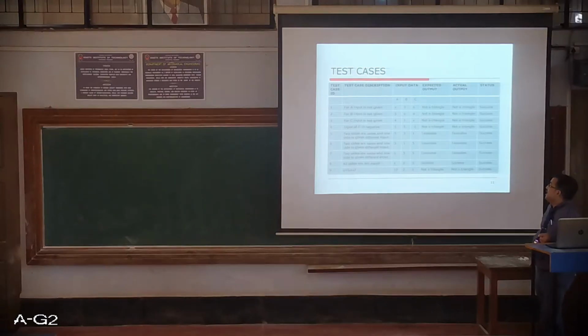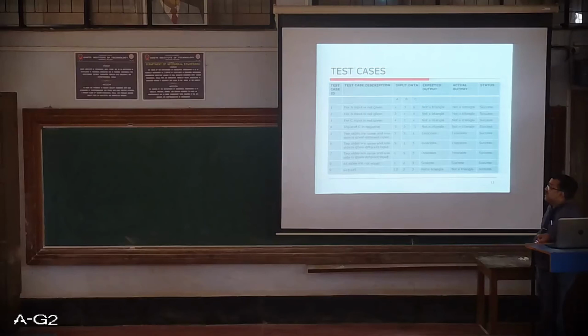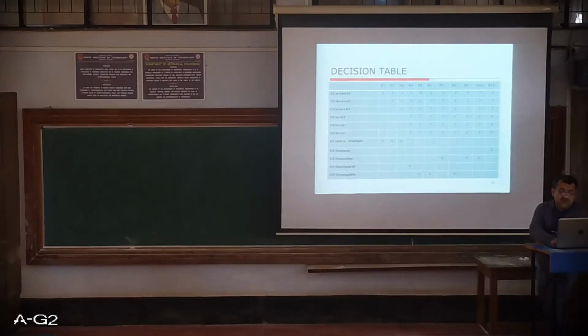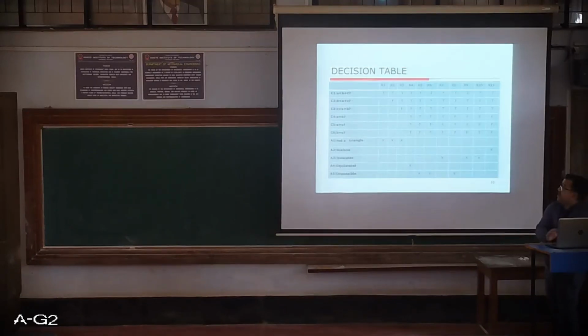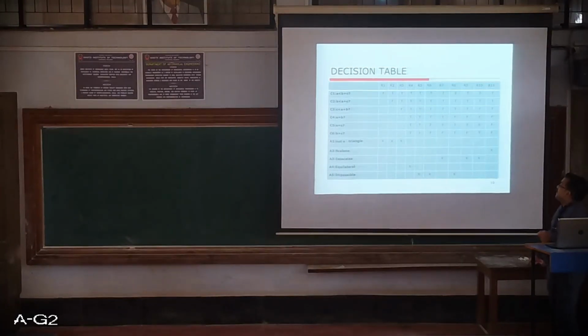If two sides are the same, then you should get an isosceles. The expected output is isosceles. As you can see from the decision table, which two sides have been given as equal here? A and B. So when A and B are equal, the C4 rule is satisfied, which means it is only C4 that is true.